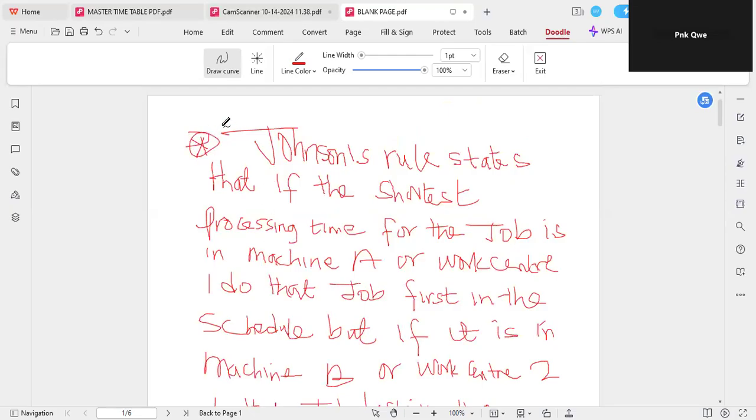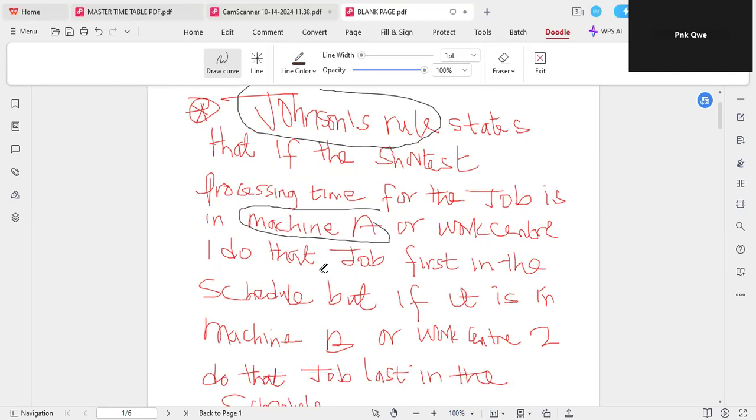So here, this rule is very, very important. So we're simply saying Johnson's rule states that if the shortest processing time for the job is in machine A or work center 1, do that job first in the schedule.